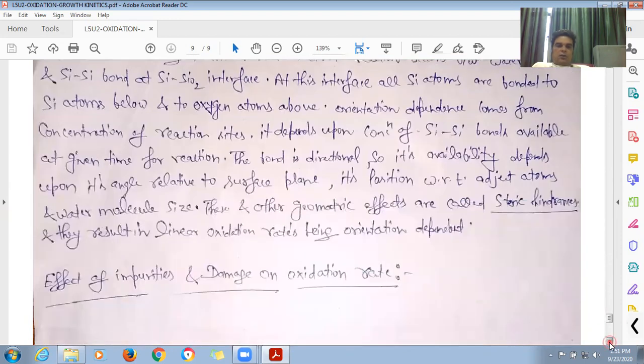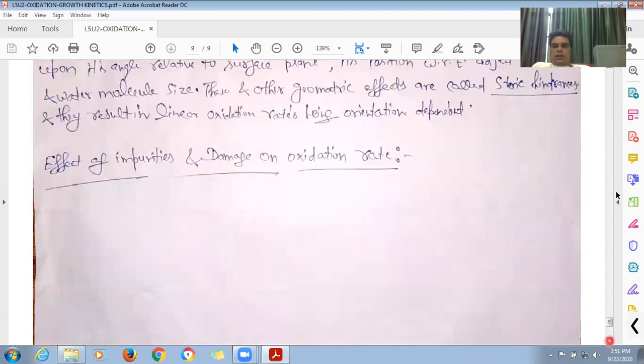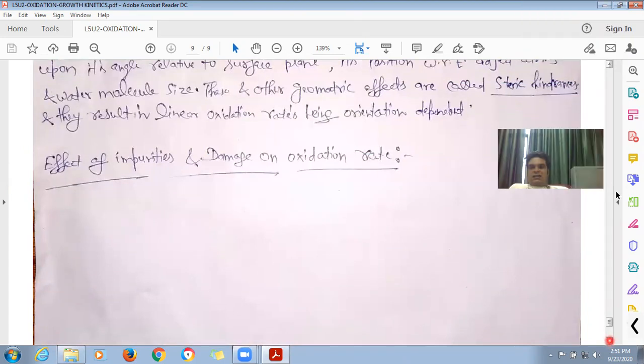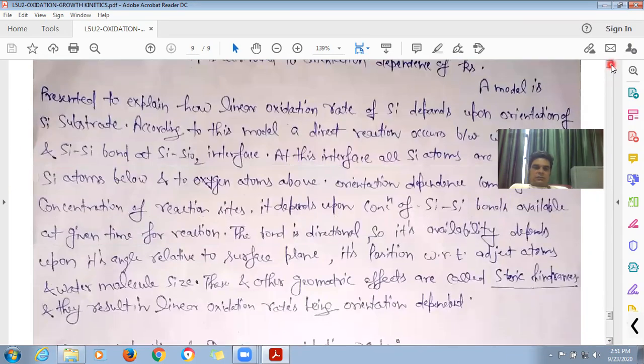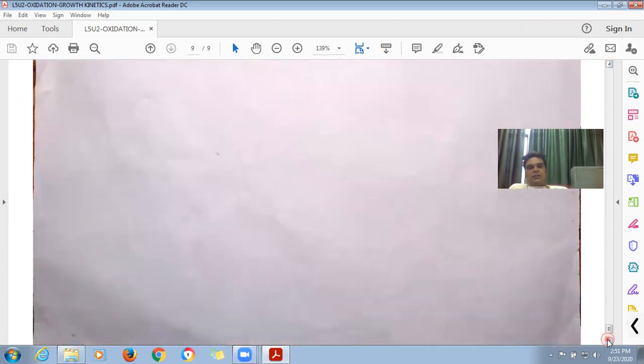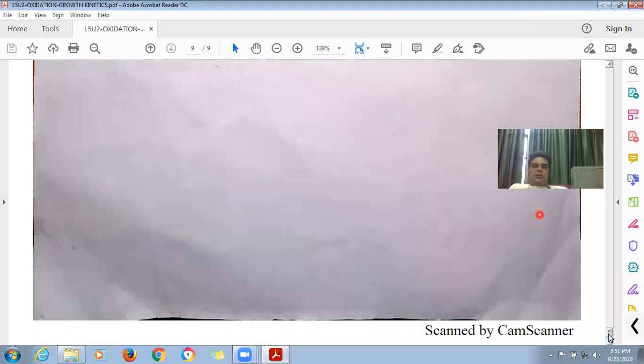I think this is the theoretical topic that we need to discuss. These are the experimental observations that you can easily make. So this was the kinetics that was considered for the case of oxidation of silicon.